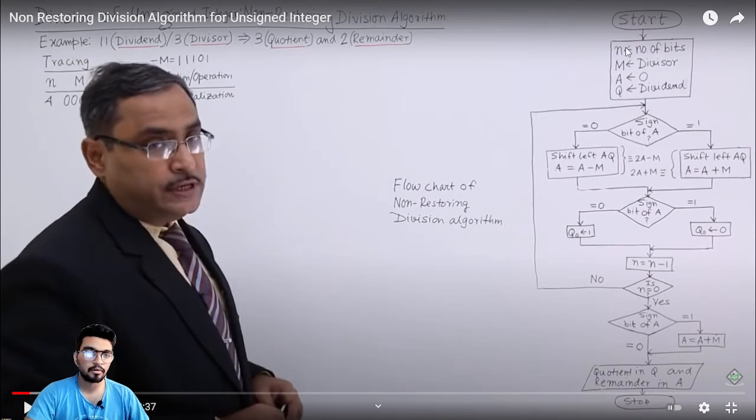So number of bits, divisor, accumulator, then dividend. These are the things, and these are the operations that must be performed to get our final division answer. Two answers will be there, quotient and remainder: Q will have the quotient and A will have the remainder.